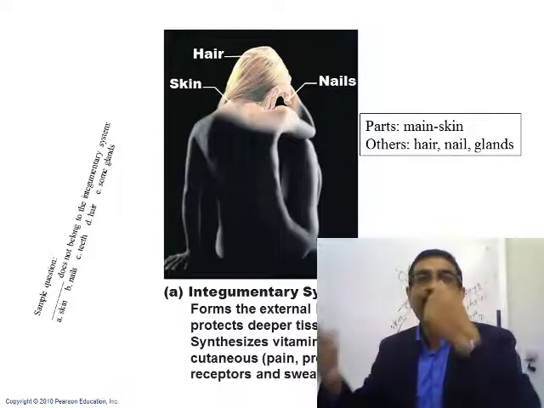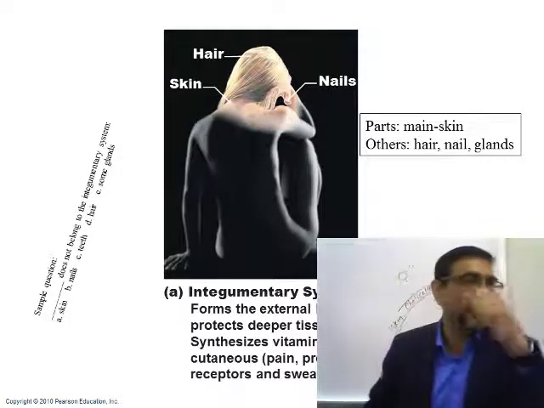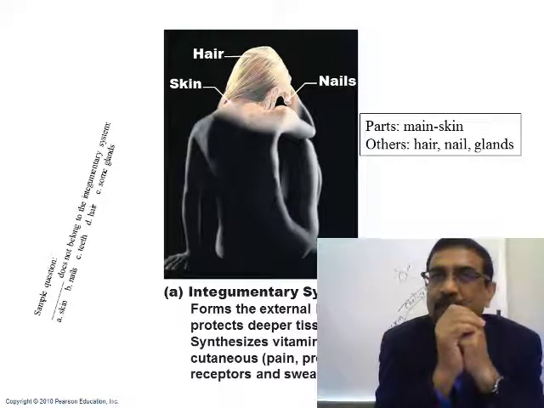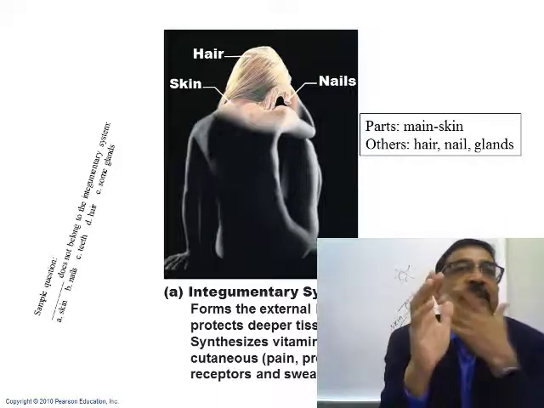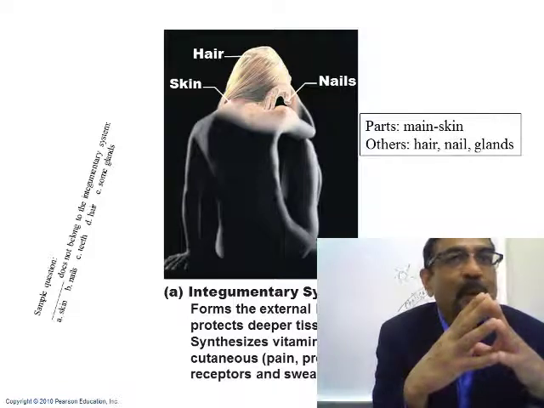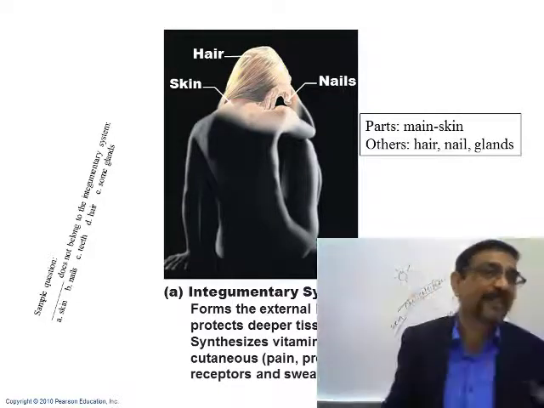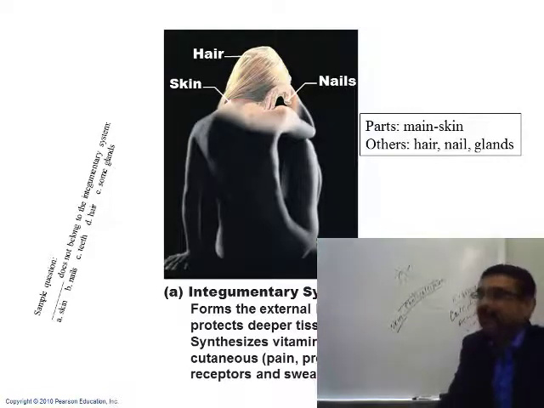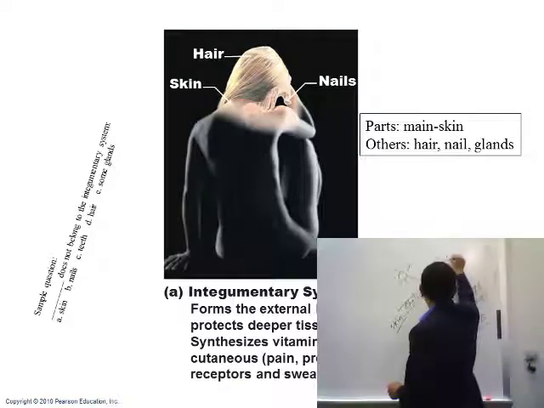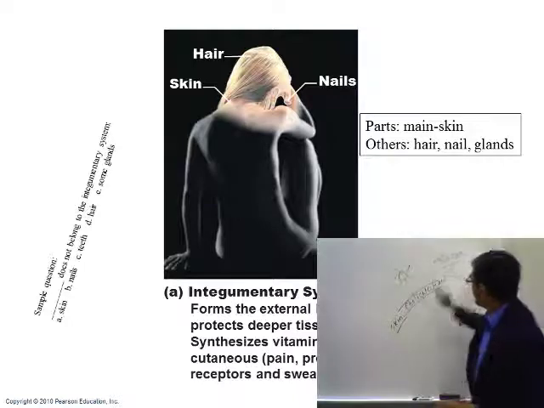You have temperature sensation. If something hot or cold touches your skin, you can tell, right, that it is hot or cold. Is it clear? So your skin has those sensations. Why does your skin have those sensations? Because the skin has those receptors. That is important. So those are called the cutaneous receptors. Which cutaneous receptors do you have in the skin?